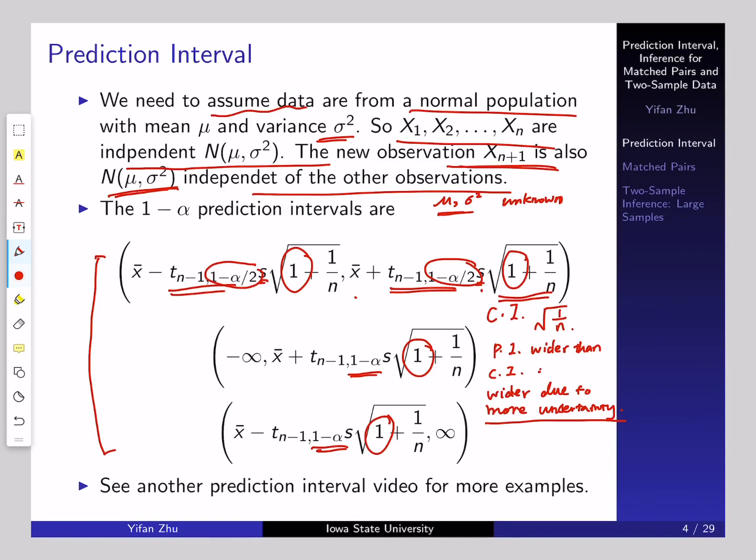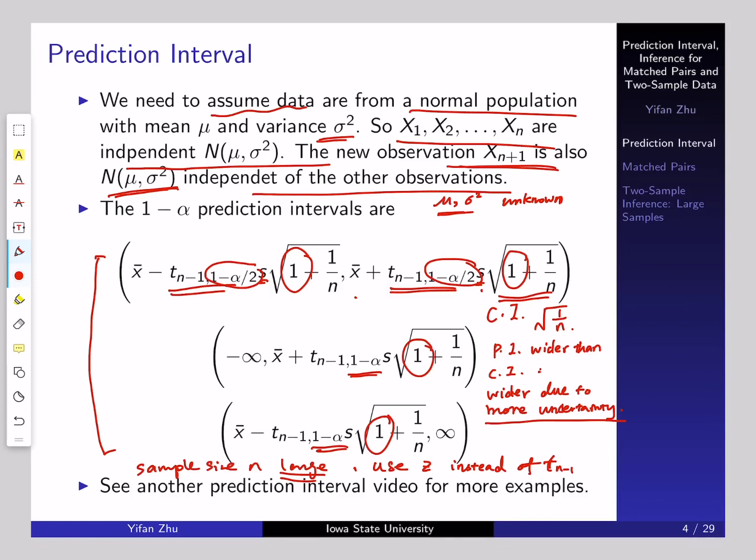And if the sample size n is large, then you can also use z instead of the t quantile, same as the confidence interval.